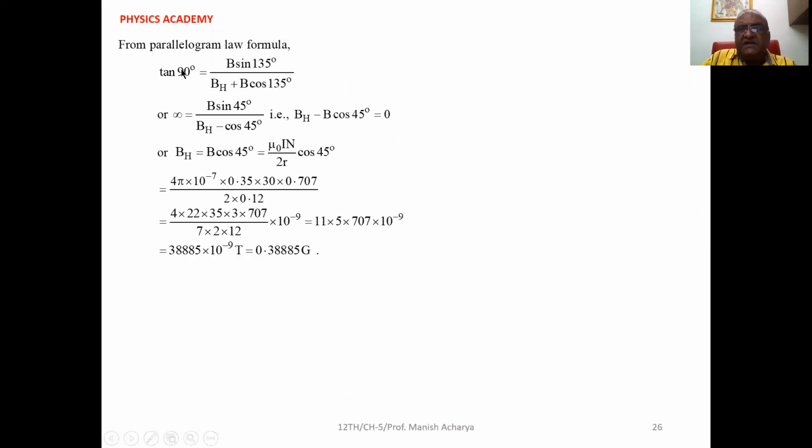Now in standard 11th we studied about the parallelogram formula.